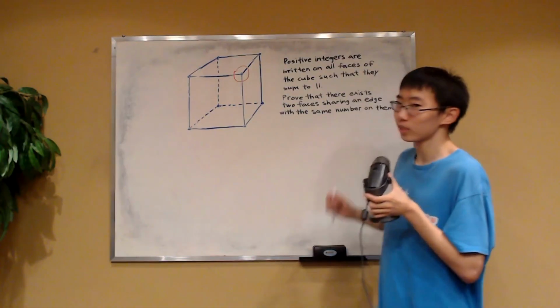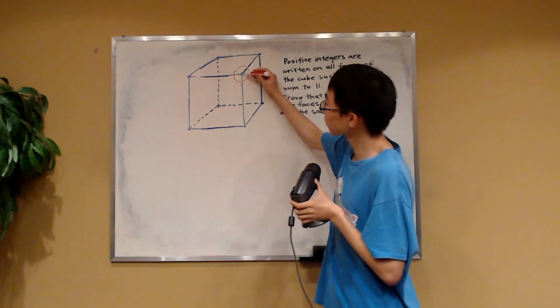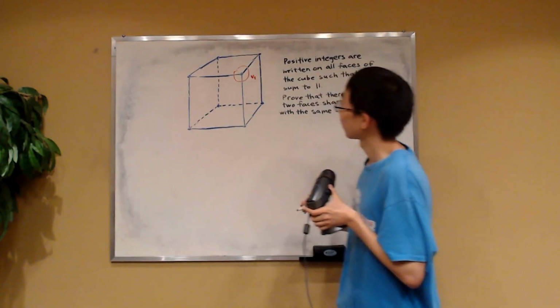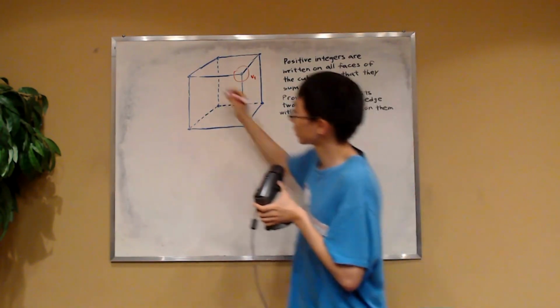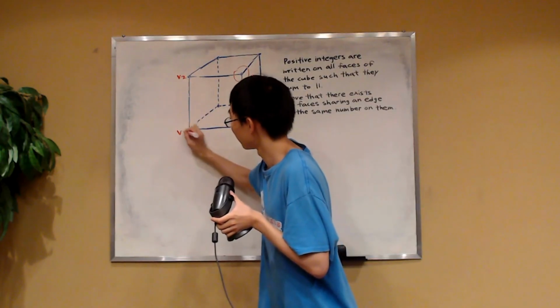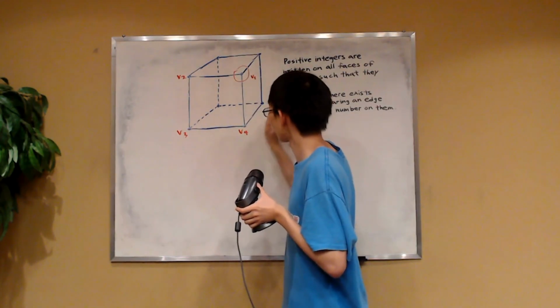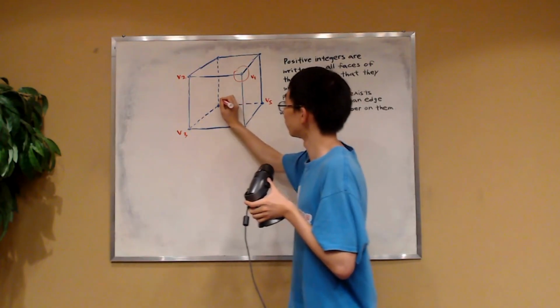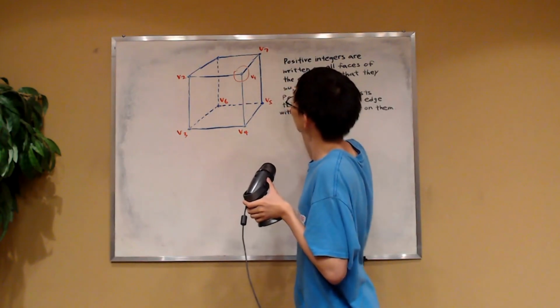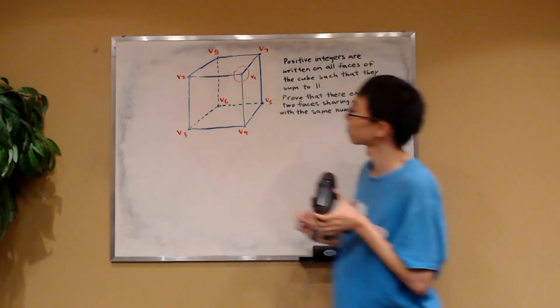So we need some proper notation. I'm going to name this vertex V1, and I'm going to name all the other vertices. So this is V2, V3, V4, V5, V6, V7, and V8.